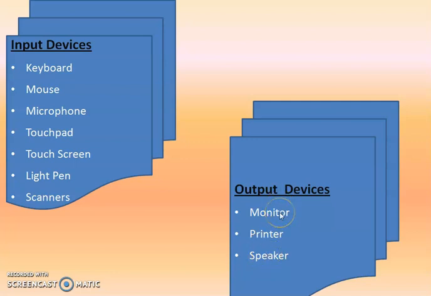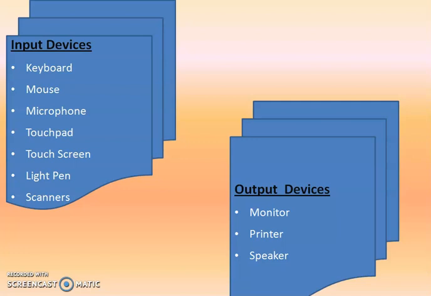In monitors we have seen there are three types. CRT monitors, meaning cathode ray tube monitors. Then we have seen LCD monitors, liquid crystal display. Then after that we have seen LED monitors, meaning light emitting diode.